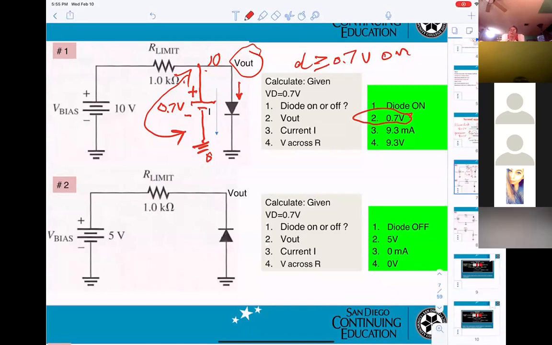Conventional. Okay. Hey, Mr. Pham, is it possible to put the plus and minus, for instance, like on the battery? On the top you've got plus, all the way over to the first resistor, and on the other side you've got minus. Then, depending on the diode, that's the A, right?